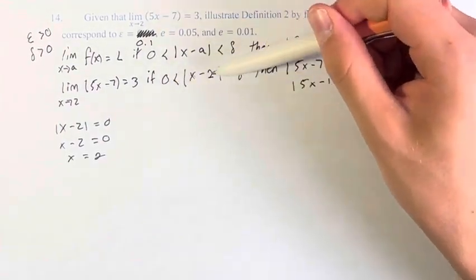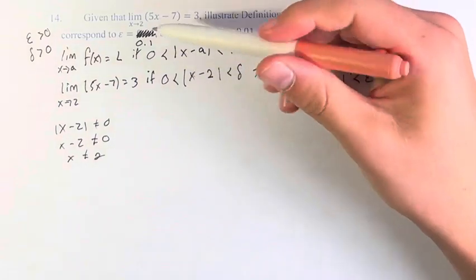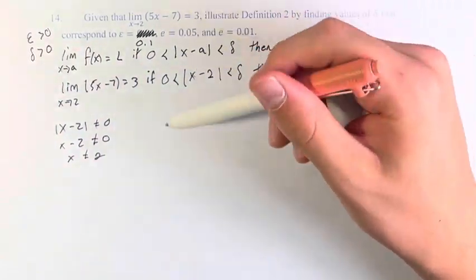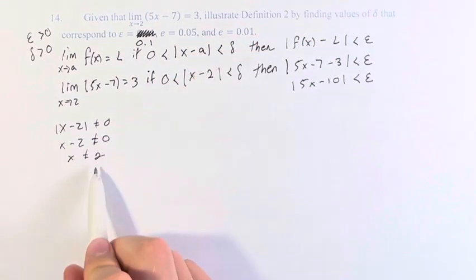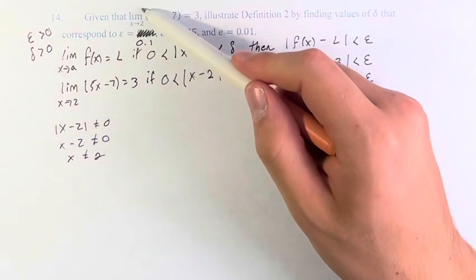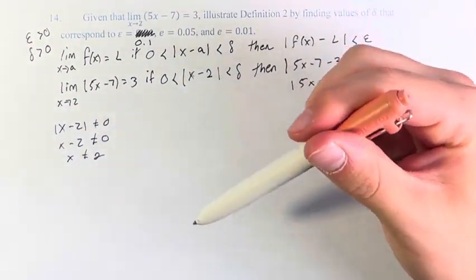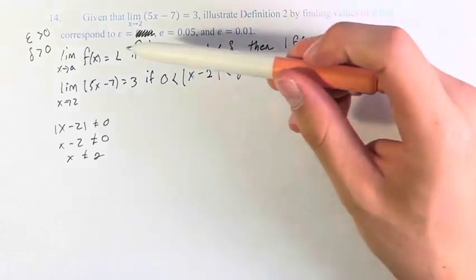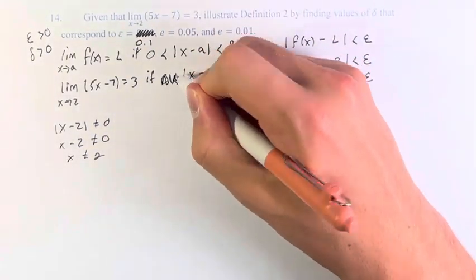That really only means that it's not equal to 0. Since an absolute value is not negative, if it's greater than 0, the only thing we're excluding is 0 itself. So we do this with the caveat that x is not equal to 2, which we can ignore because we're taking the limit as x approaches 2, and we are therefore looking at the behavior as it gets closer to 2 and not actually at 2 itself.